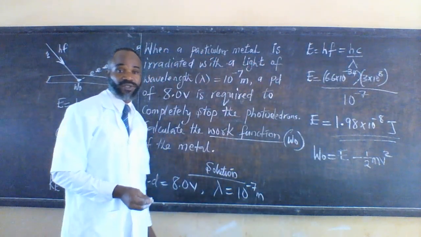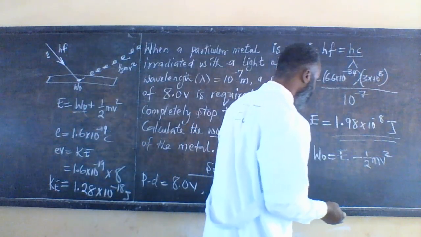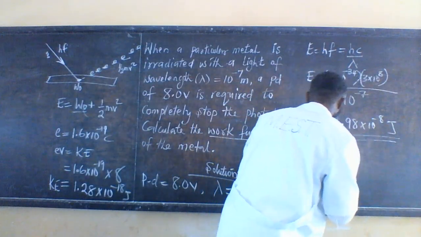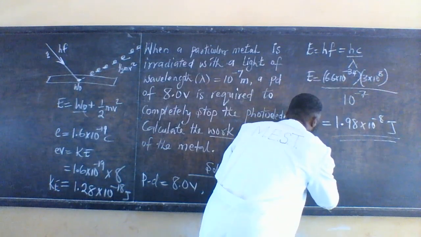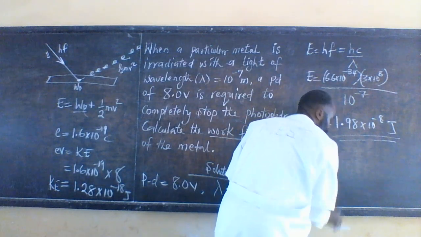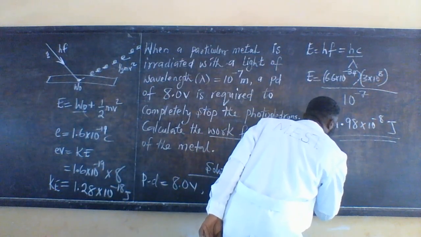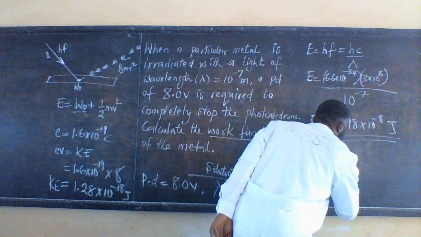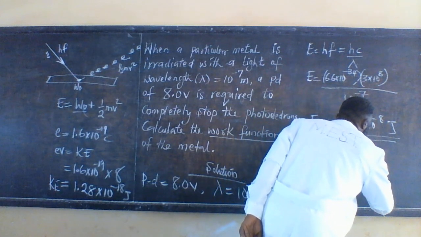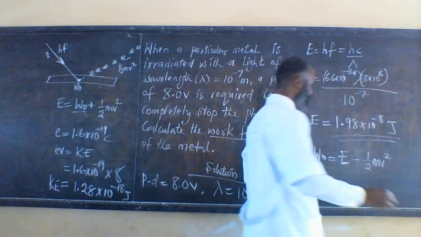So let's see what happens next. I hope it's clear that the work function can be calculated: the photon energy E minus the kinetic energy of the electron, half mv squared.